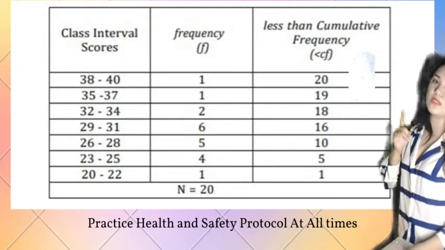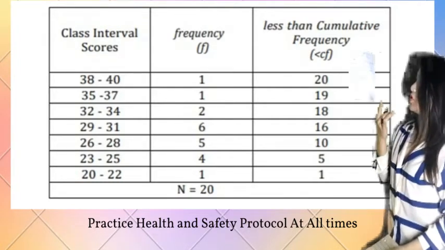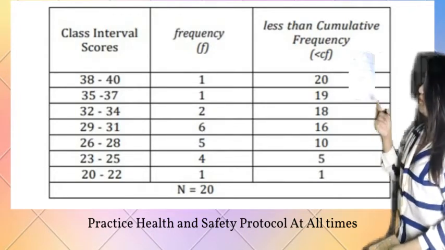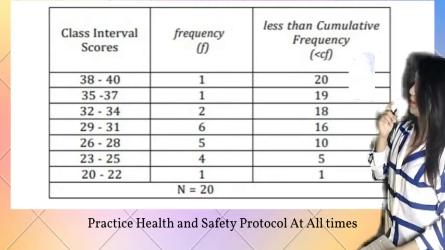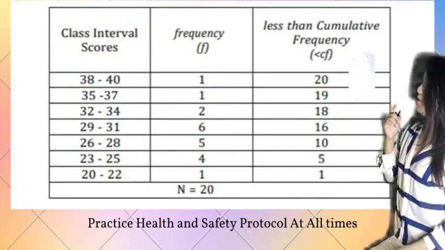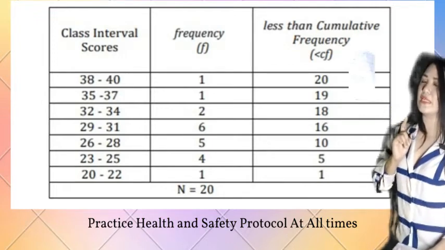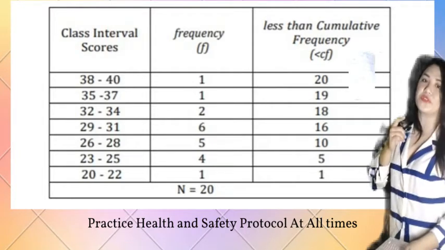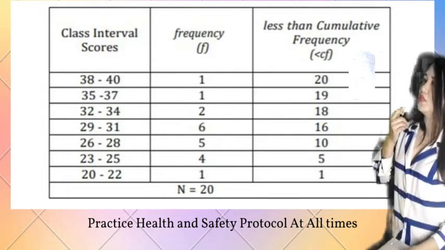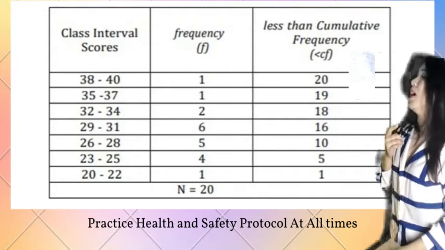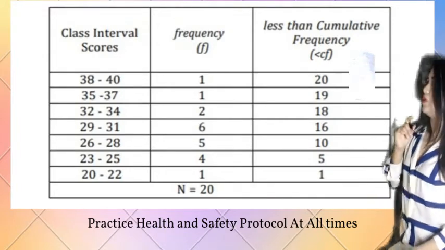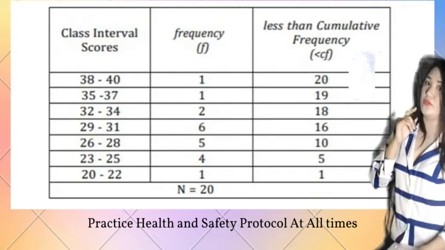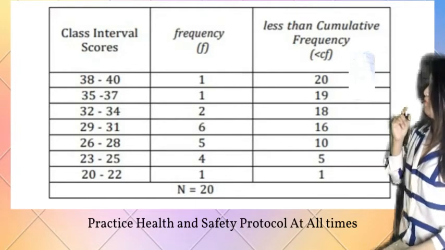Because only one student scored 39, which is the only score that falls between 38 to 40, our frequency is only one. But if there are two students, one scored 39 and the other one scored 38, then our frequency becomes two, because two of them scored within the class interval of 38 to 40. So that's what we mean by frequency.